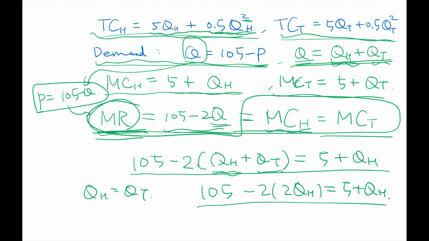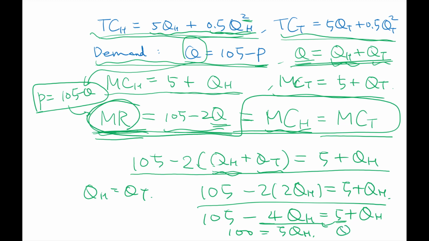Then this is only one unknown variable, QH, with one equation, so you can find a solution. So here 105 minus 4QH equals 5 plus QH. Moving terms, I have 100 equals 5QH. So I can find that QH will produce 20 units of output.